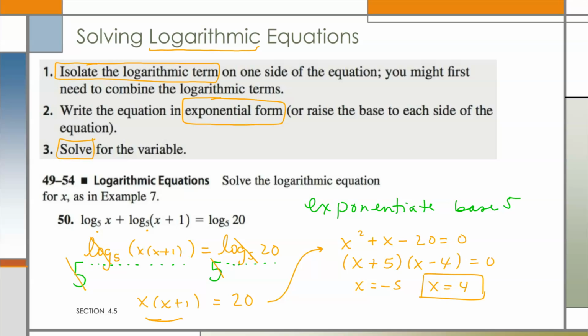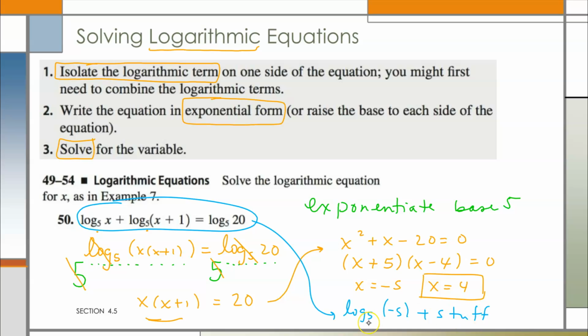Why? What happens when I plug my solution into this original equation? We would have log base 5 of negative 5 plus some stuff.